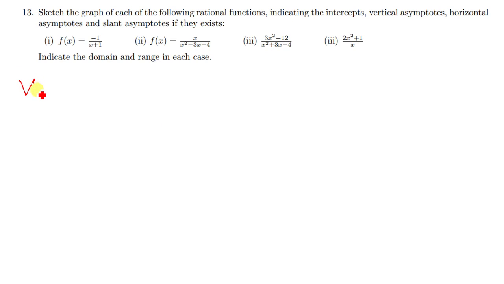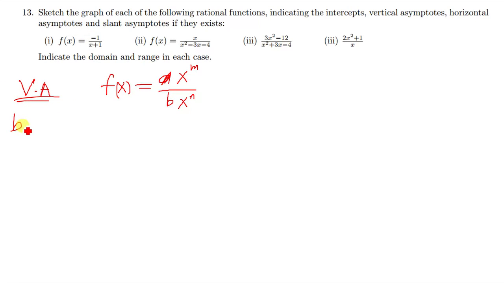So to find the asymptotes, maybe first the vertical asymptote. If you've been given the function f of x being equal to ax to the power m over bx to the power n, the vertical asymptote is found by just equating the denominator of that rational function to 0.